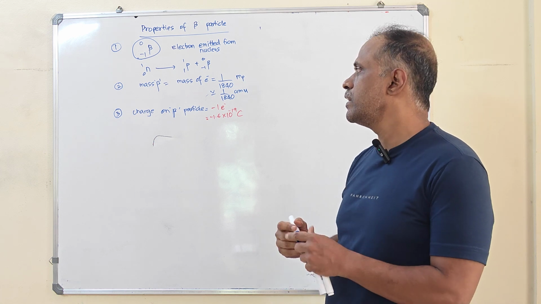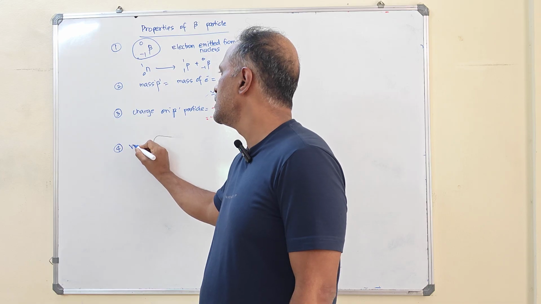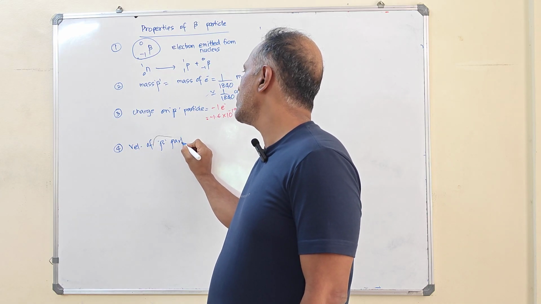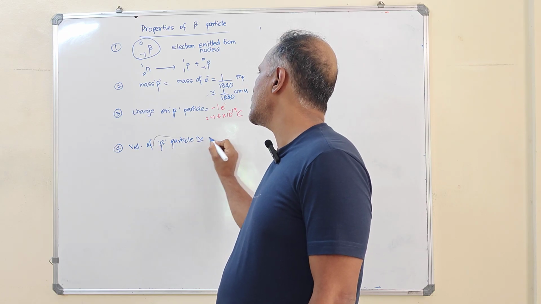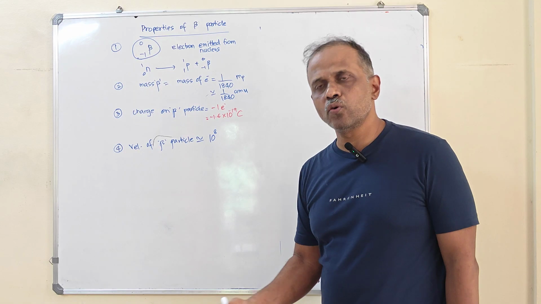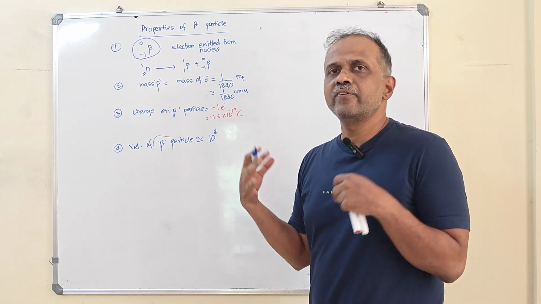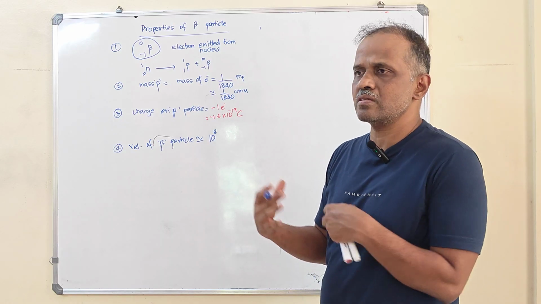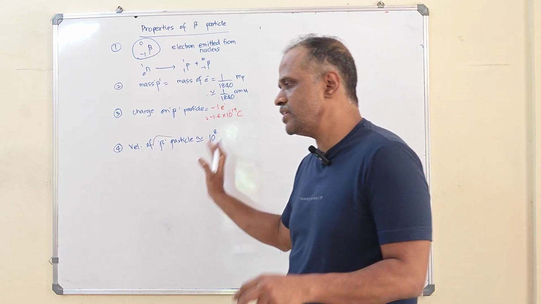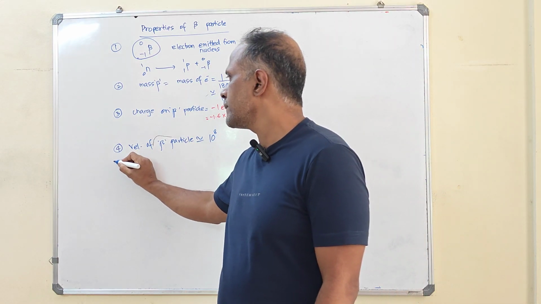Talking of the velocity of beta particle, it is almost 10 to the power 8, very close to 1/3 of the speed of light. But different particles emitted from the nucleus have different speeds.